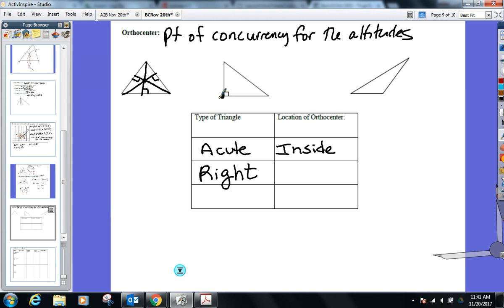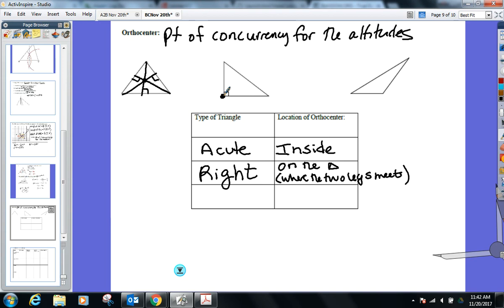It's not inside. It's not outside. I like on. Yes. On the triangle. And then if you want, in parentheses, where the 2 legs meet. Again, 2 out of the 3 altitudes in a right triangle are the legs. Where the legs meet, where the right angles form. So there's your orthocenter there.